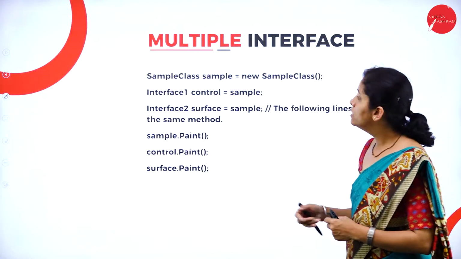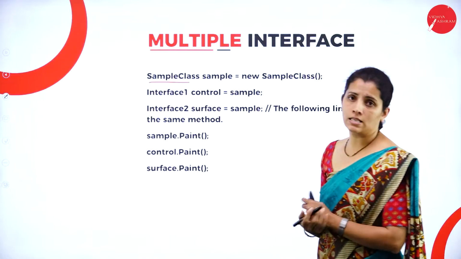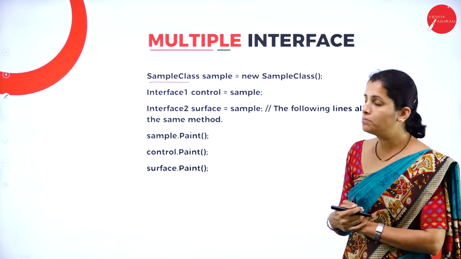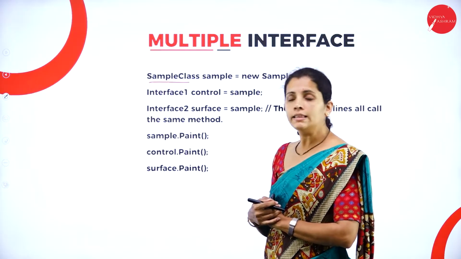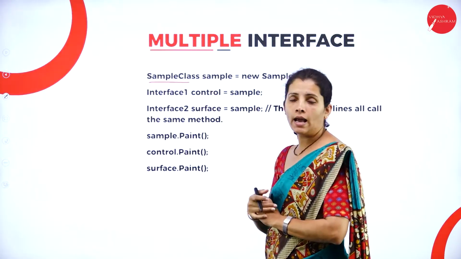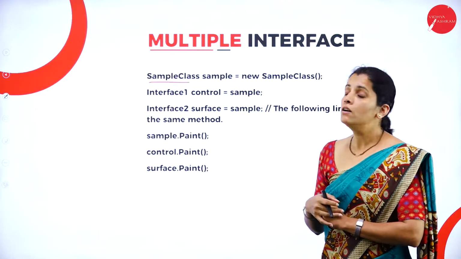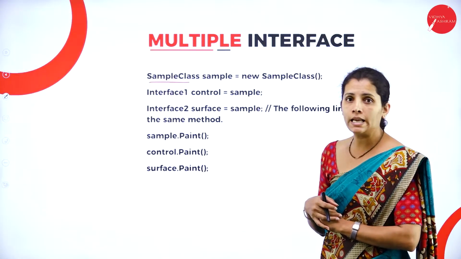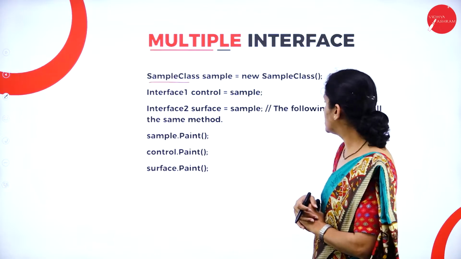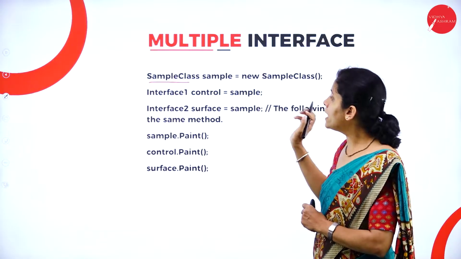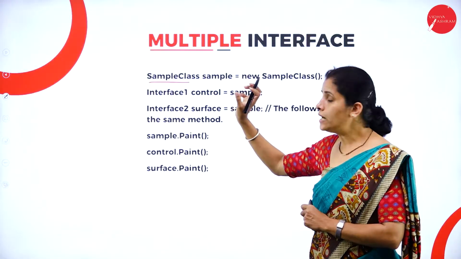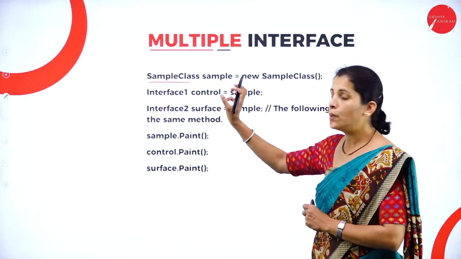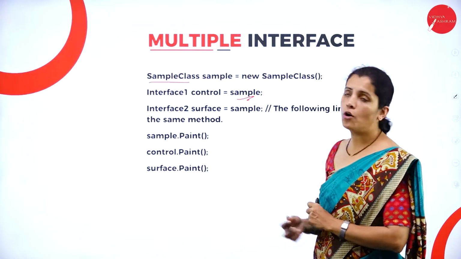Now with the help of the class, I am going to create the object. What is my object? That is sample. Now for interface 1, I am going to create the object, and for interface 2, once again I am going to create the object. Now what am I going to do? I am going to convert both the interface objects with respect to the class object.